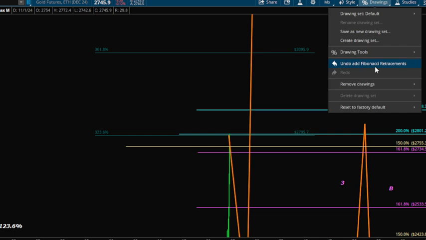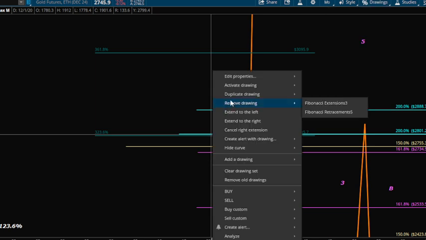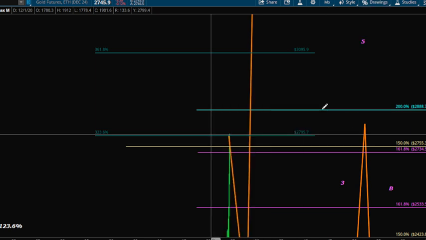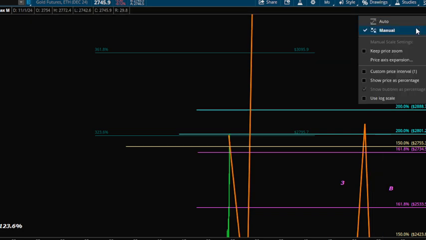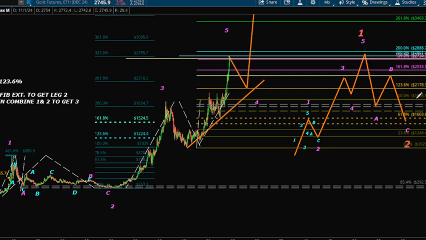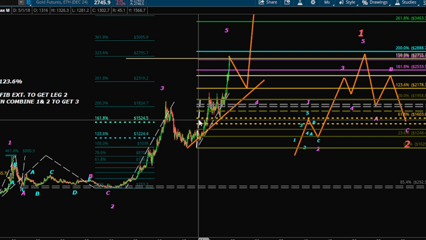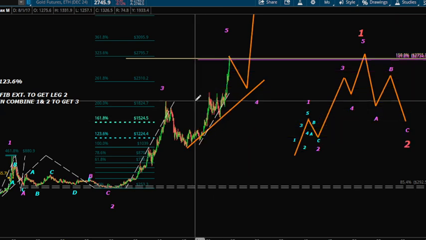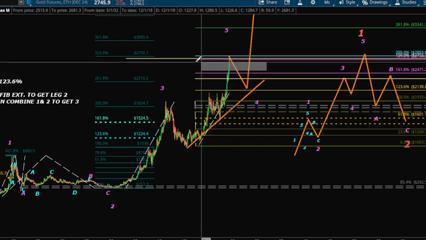I'm going to erase it and see which one goes away. This chart's such a mess all of a sudden. Let me do it this way. There. All right. 200.